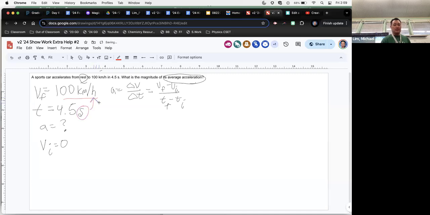Our V also has to be in seconds, otherwise it's not going to give us the right answer. It has to be per second. So everyone convert 100 km into meters per second. So 100 km.